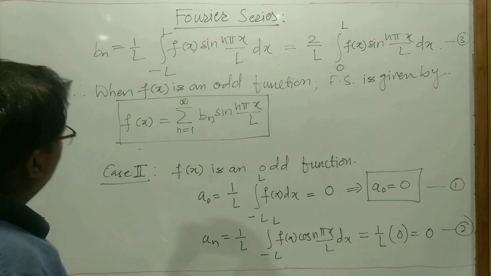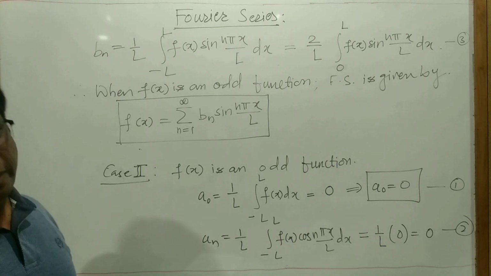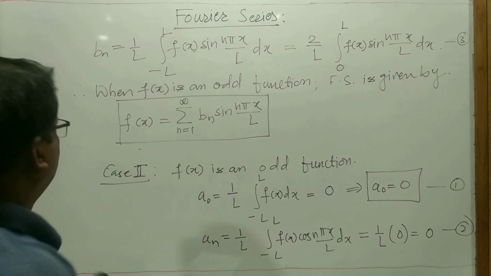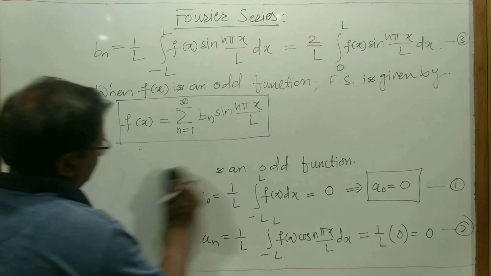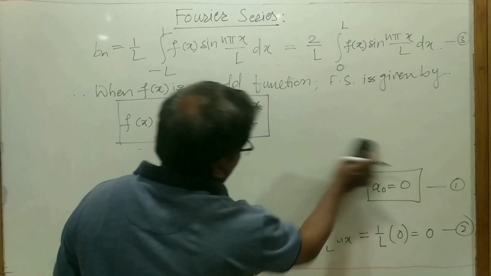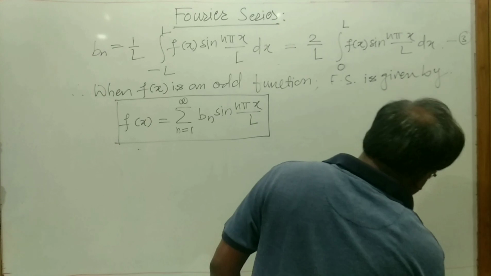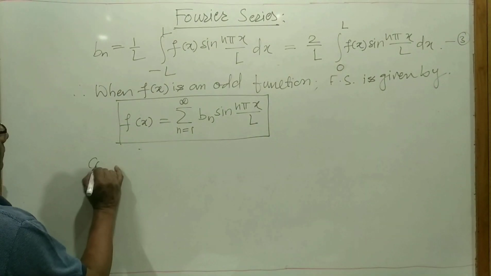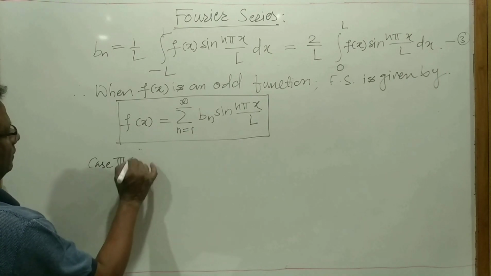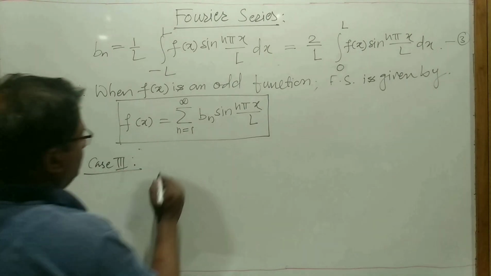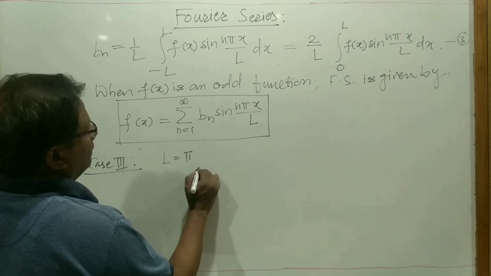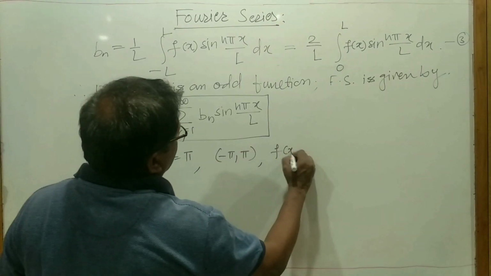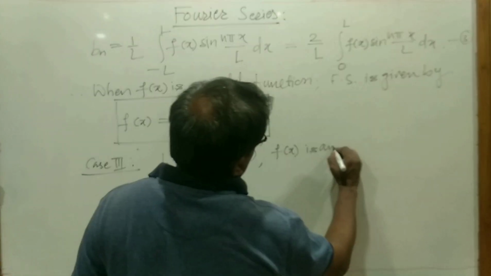Now, if we consider the interval minus pi to plus pi and f of x is even, I will consider this as case 3, where L equals pi, the interval is minus pi to plus pi, and f of x is an even function.